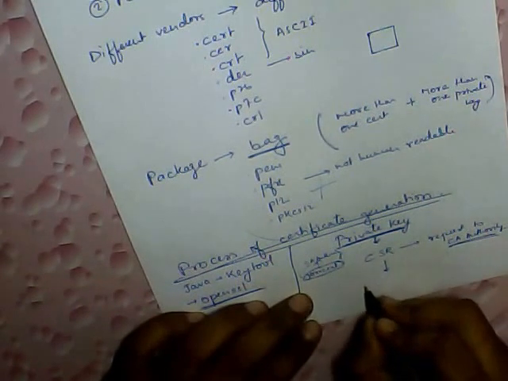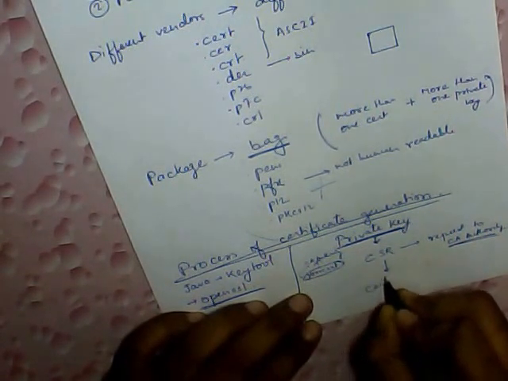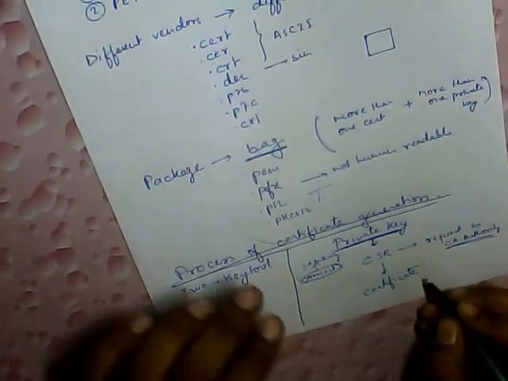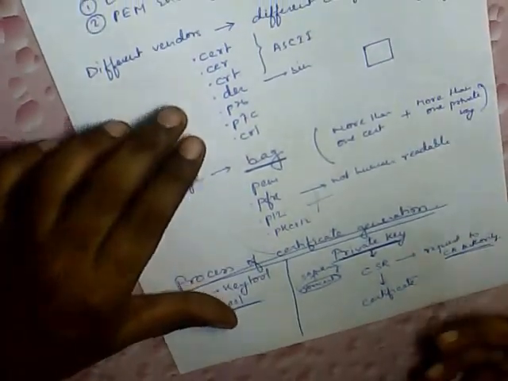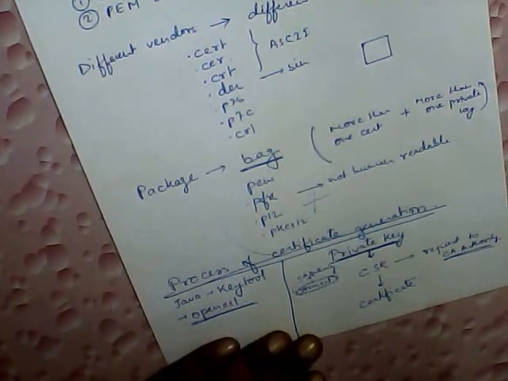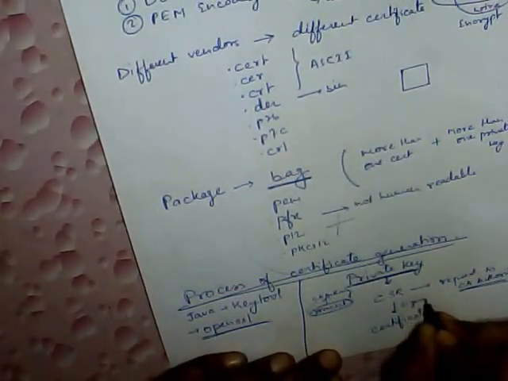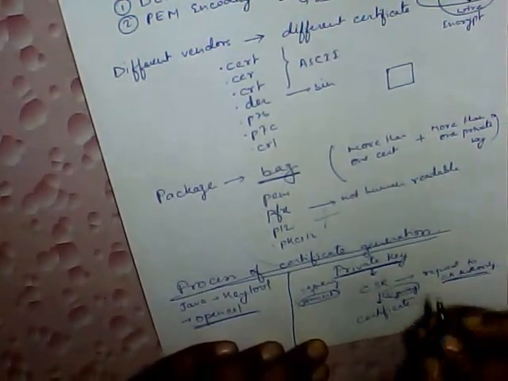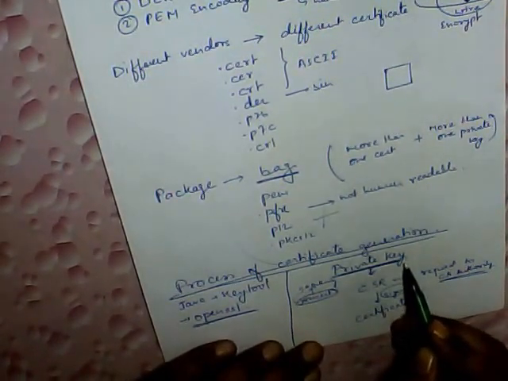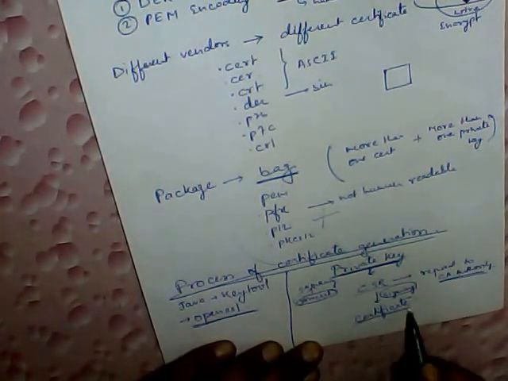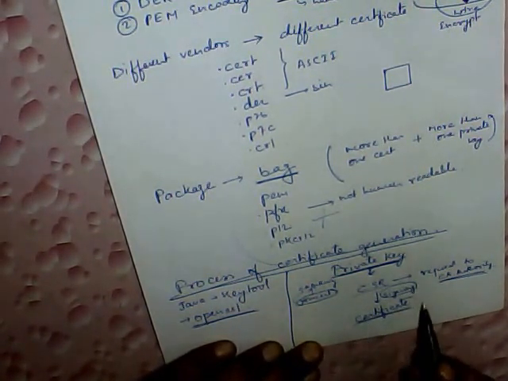So once the CSR is generated, the CA authority provides us with a certificate. This can be in .crt format, .cer format, .cert format, or whatever format they give us. This process is called signing; they sign the certificate. So what happened? We generated a private key, we generated a CSR, and they gave us the certificate.